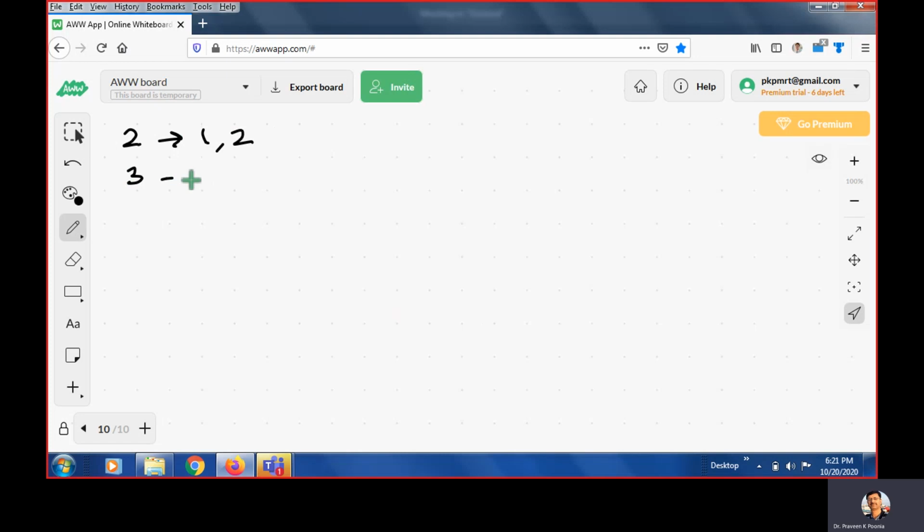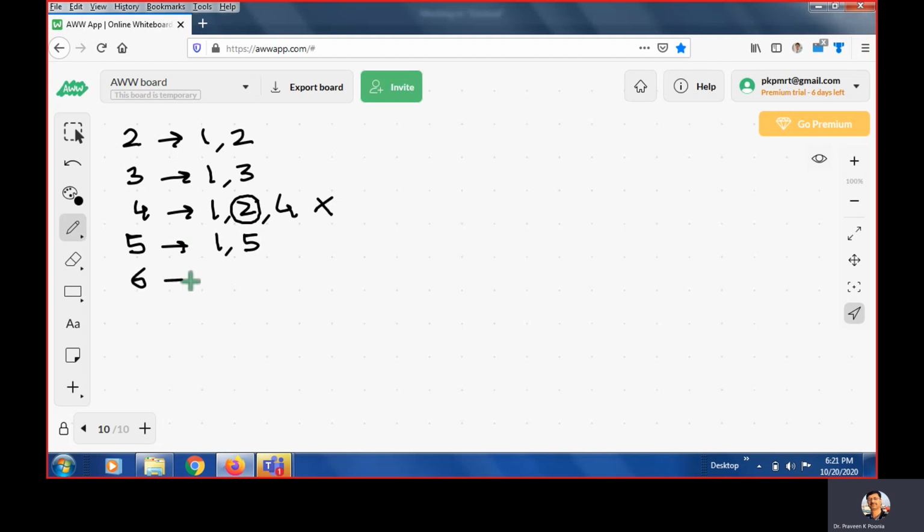What are the factors of 3? 1 and 3 only. What are the factors of 4? It is 1, 2, 4. So look here, a proper factor is available. So this is not a prime number. If you go with 5, the only factors possible are 1 and 5.